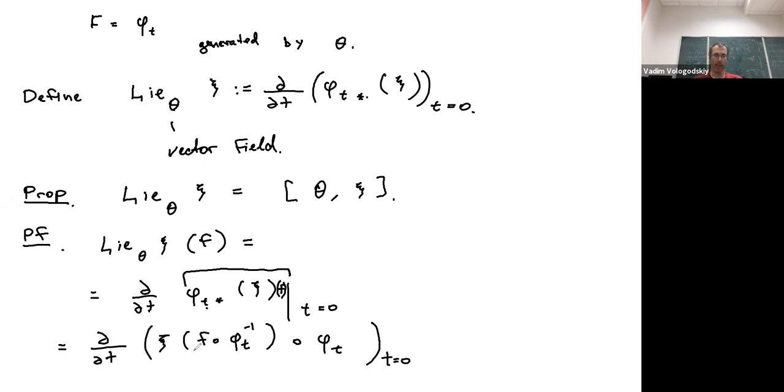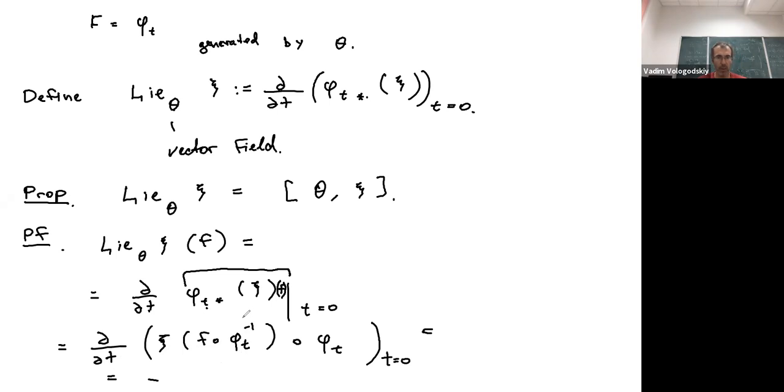So this can be computed by the Leibniz formula. You first differentiate this function with respect to t, and you can use the chain rule. The minus comes because here I have phi inverse of t.